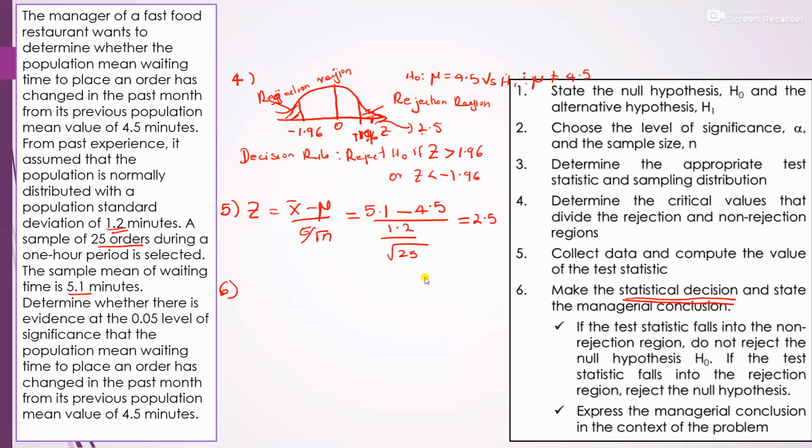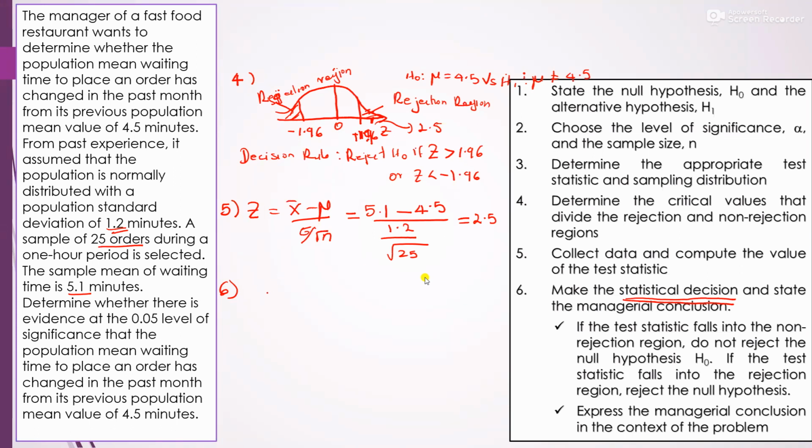So our test statistic falls in the rejection region. So there is evidence at the 5% level of significance to reject H naught. In such a manner you have to write the statistical decision. When we reject H naught, we have to say at what significance level we are rejecting it.